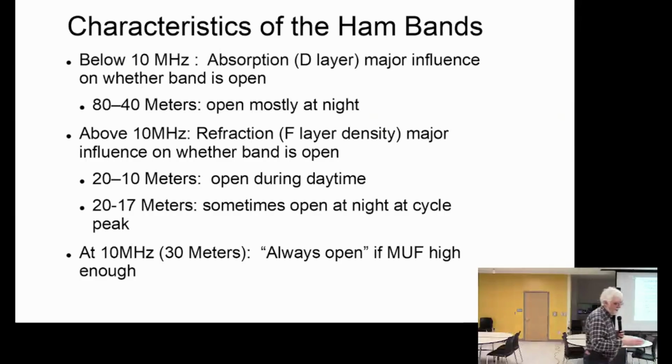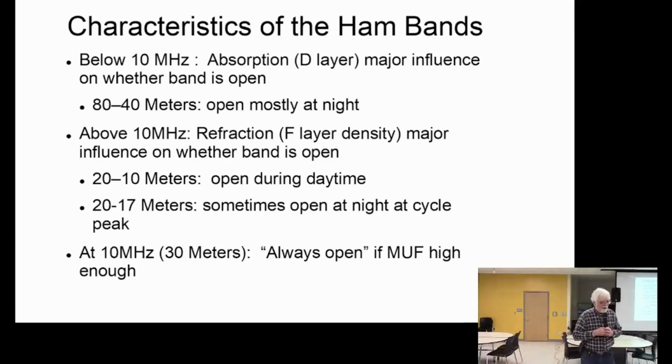At 10 megahertz, 30 meters, that's right where the absorption is becoming much less and refraction is becoming possible more effectively. So basically 30 meters is always open, if you believe it.